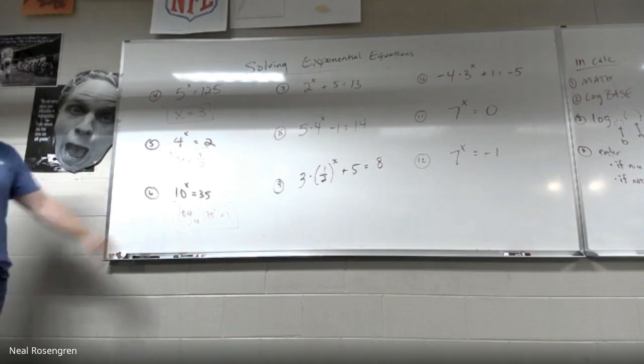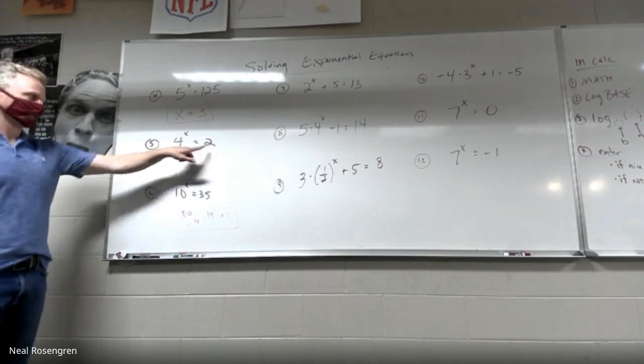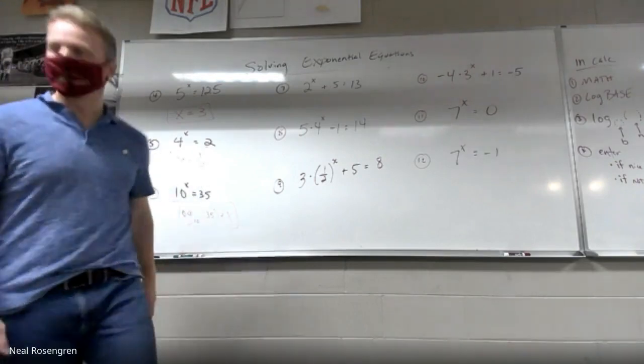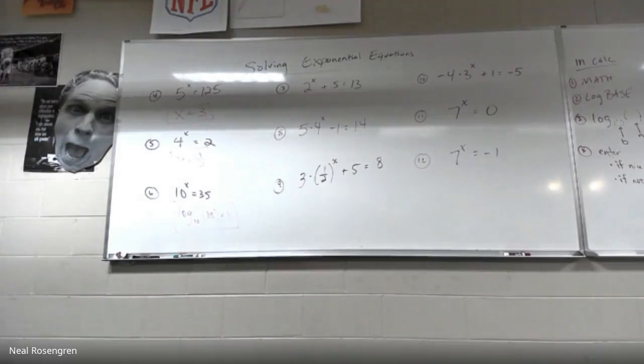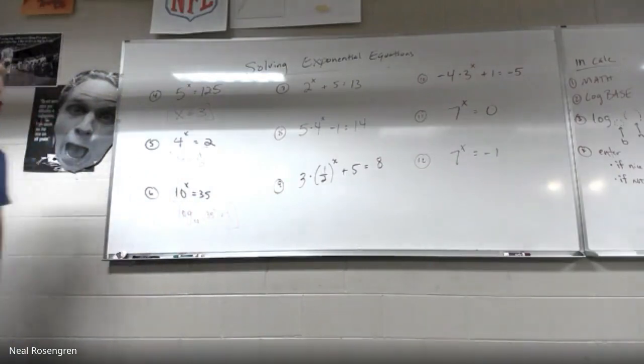In this case, it's the square root. Take the square root of 4. But the decimal's fine. If you want to put 0.5 for number 5, that's good too. They are one and the same. The calculator is going to give you the decimal version, unless you change your setting.